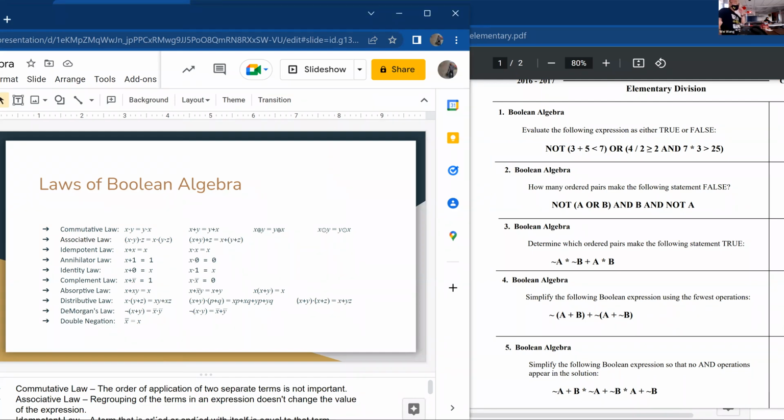So if we look at this again, the first question, inside this parentheses is 3 plus 5, right? What is 3 plus 5? 8. 8 less than 7 is false, and not false is true.